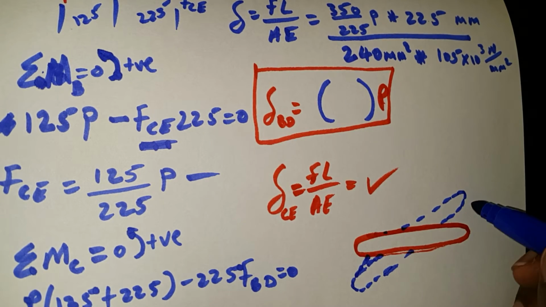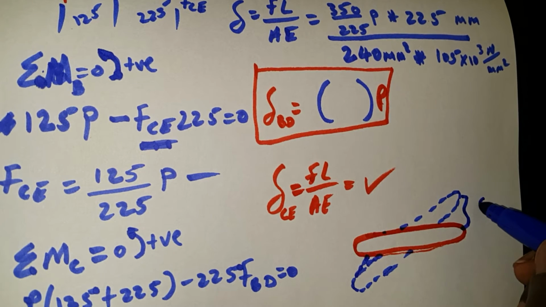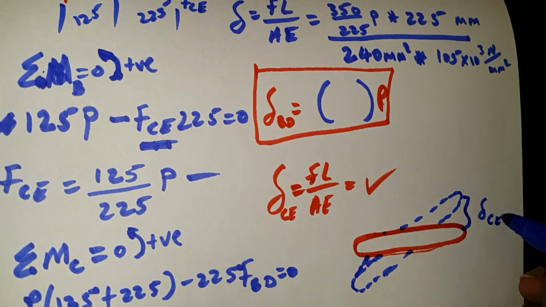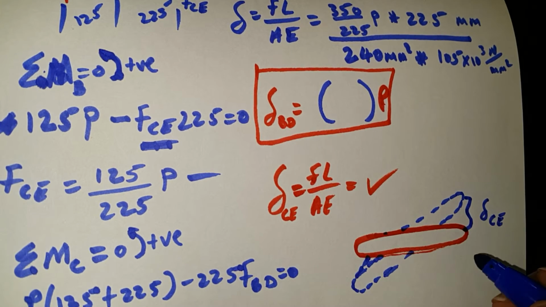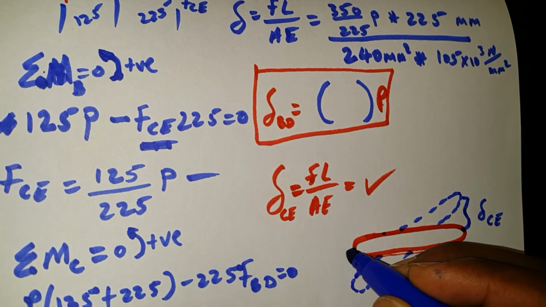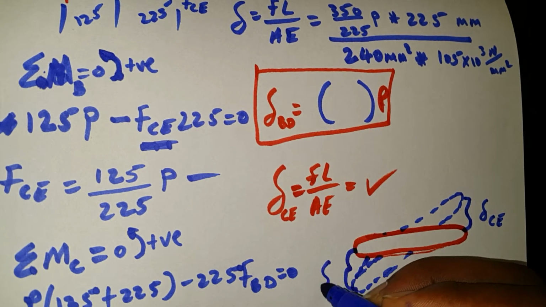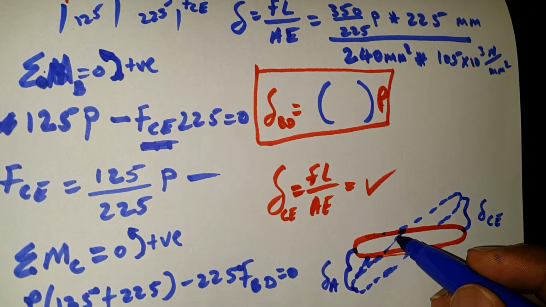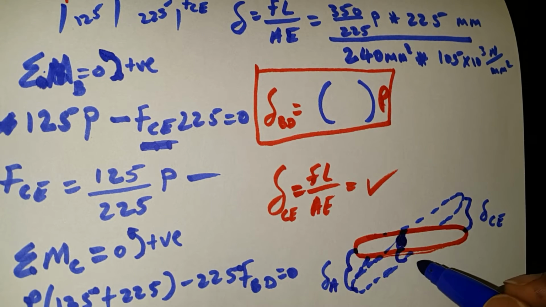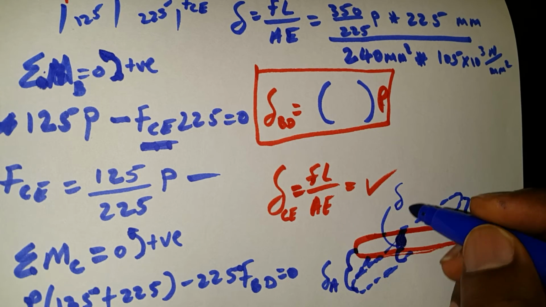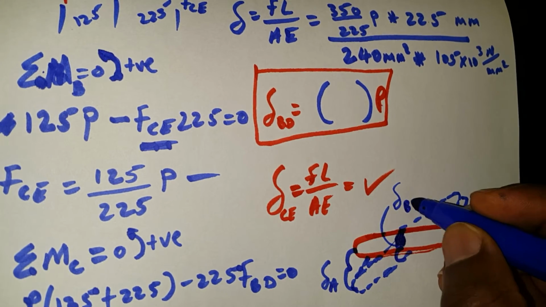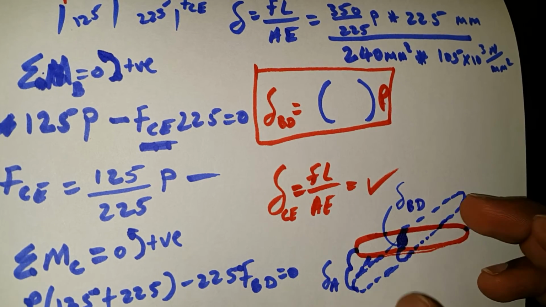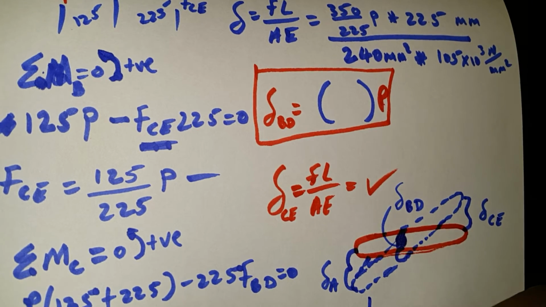So what are we trying to do? We are trying to calculate the deformation here, and this place is CE, and also this place is at point A, and this place in between is at point B, D. So if you look at this place, you see that it will deform like this because the force is applied here.